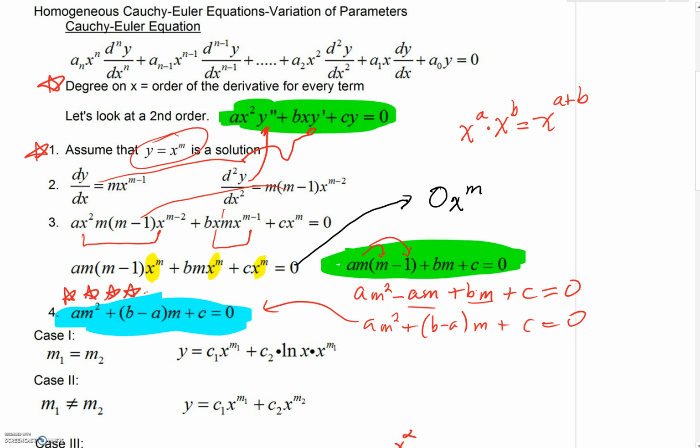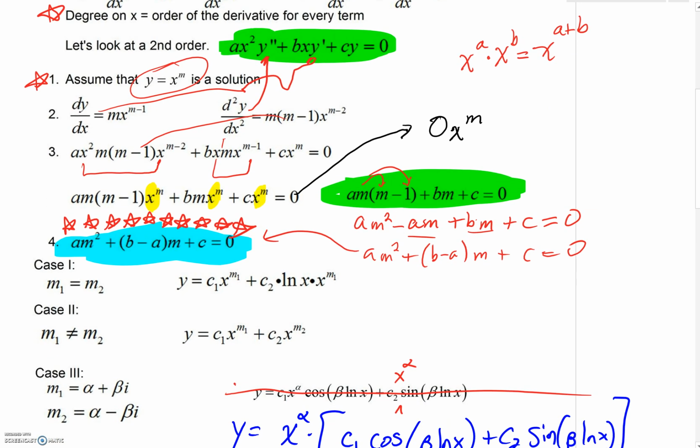As we proceed with these problems, we're going to jump pretty much straight to here. And we're going to solve that quadratic much the way we did earlier in the unit when we were substituting y equals e to the mx power.